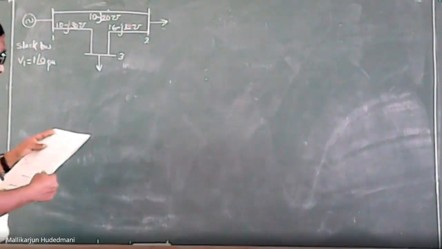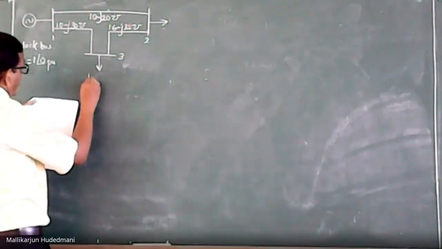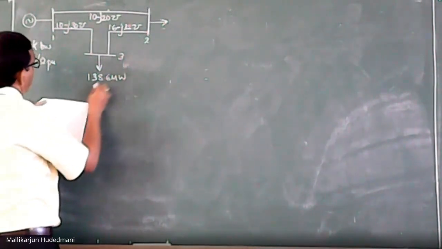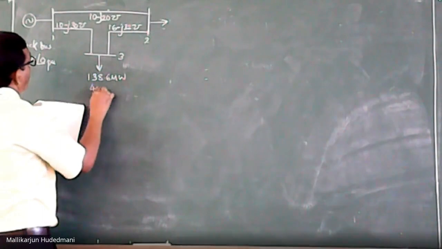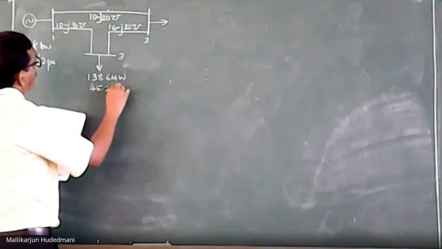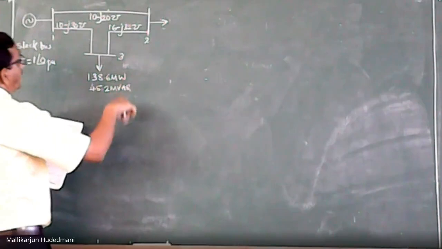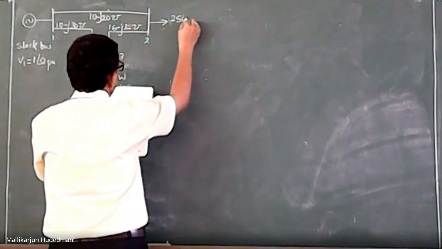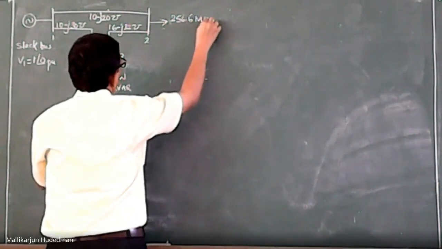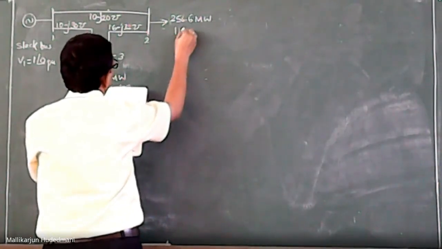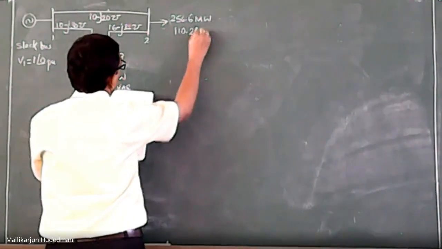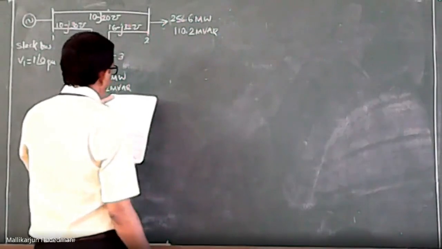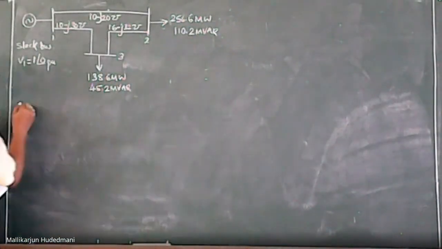Then you have loads. What are the loads here? Here the load is 138.6 MW and 45.2 MVAR. Here I have a load of 256.6 megawatt, and reactive power 110.2 MVAR.